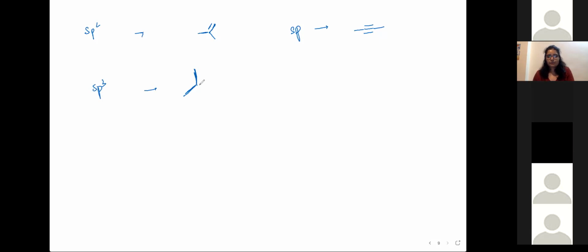Whichever is behind the screen is represented by dashes like this, and whichever is coming in front is represented by a solid wedge like this.